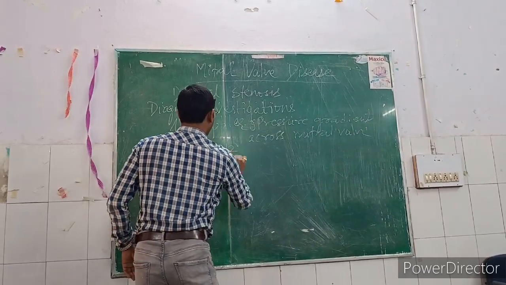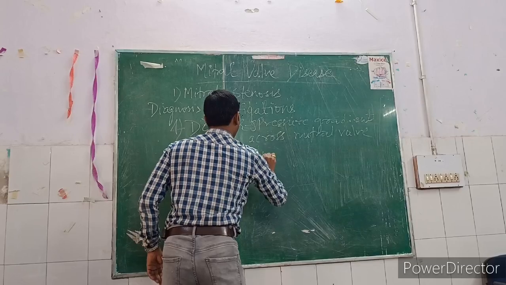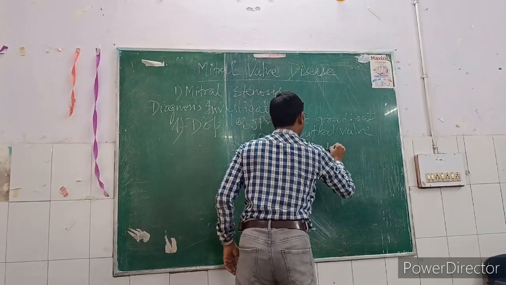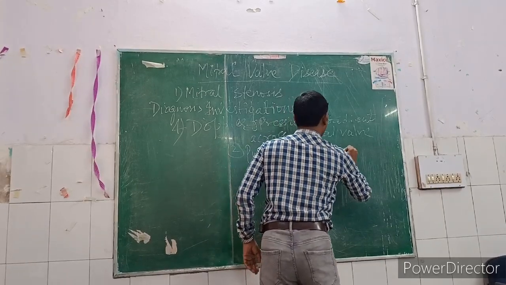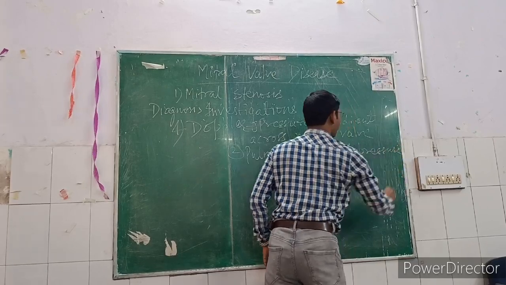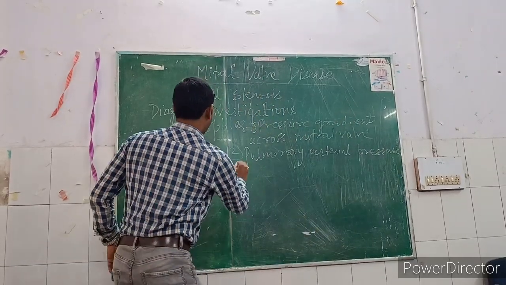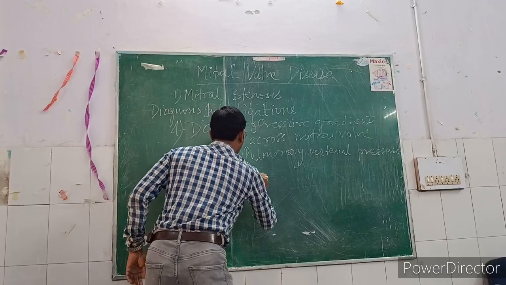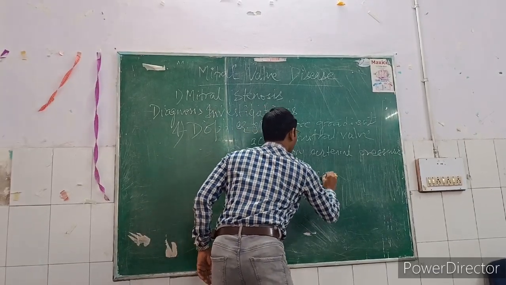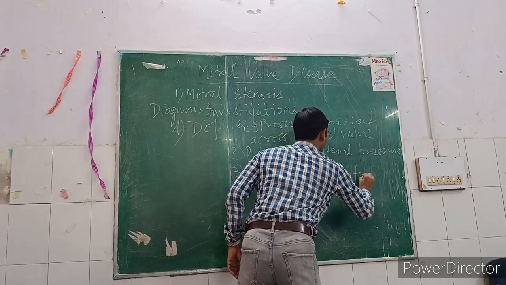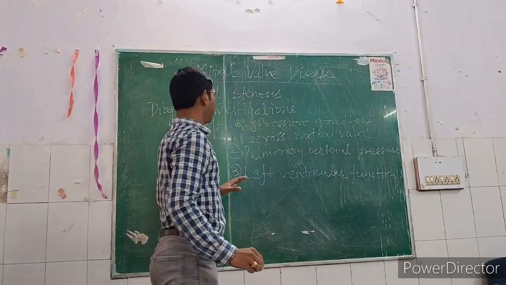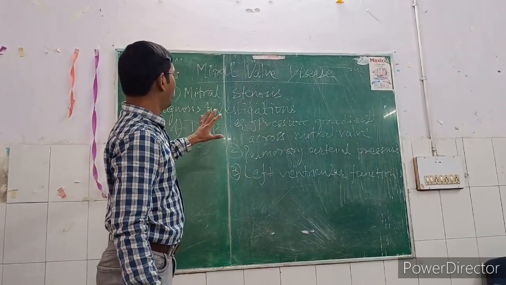Number two, pulmonary arterial pressure. And number three, left ventricular function. So these are three things which are obtained through the Doppler.